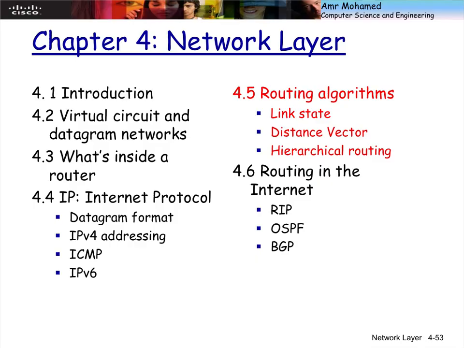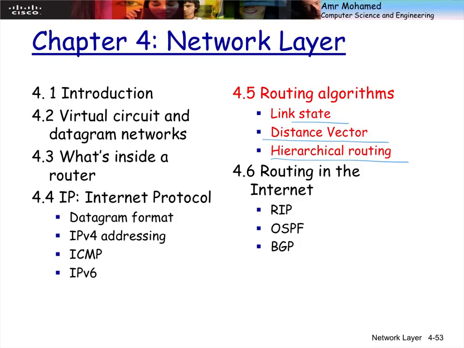Routing algorithms, we'll talk about the algorithm itself and what is the complexity and how it's actually implemented and so on. But first we need to talk about the difference between link state routing and distance vector routing. And of course hierarchical. Hierarchical routing is nothing but we're talking about two levels, two tiers.